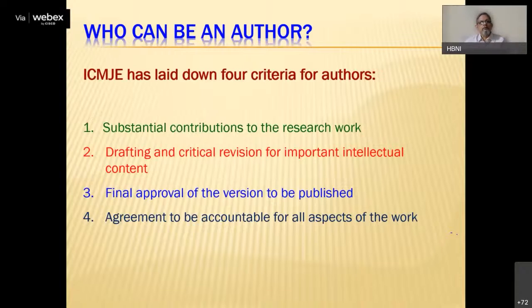You have to take the responsibility for the final approval of all the versions till the point it is published. Then agreement to be accountable for all aspects of the work. A very important condition here. So what is this accountability?